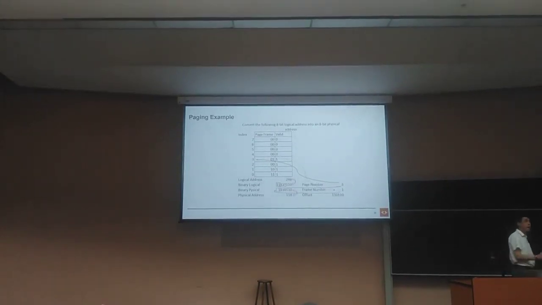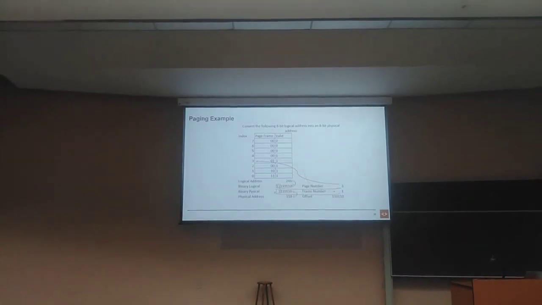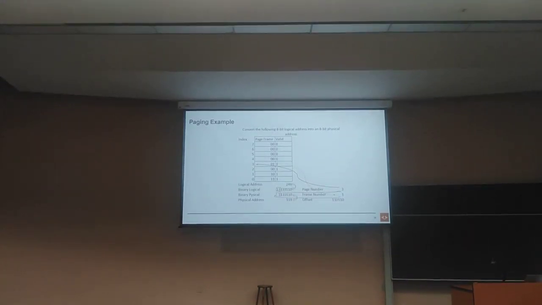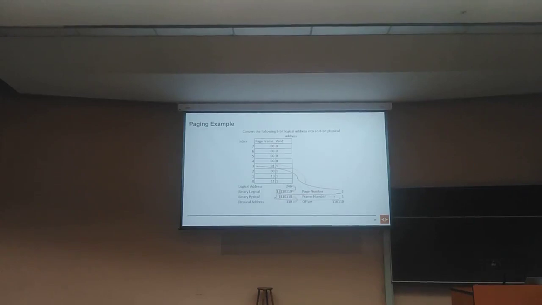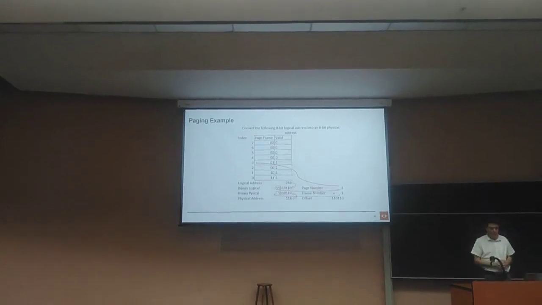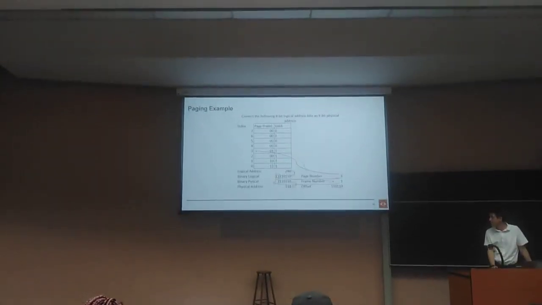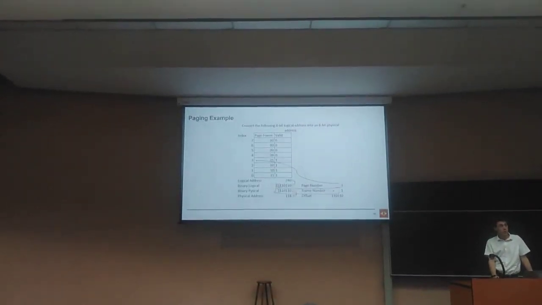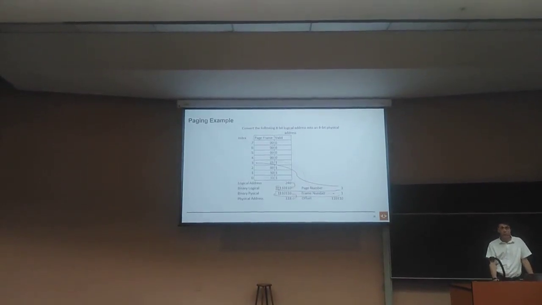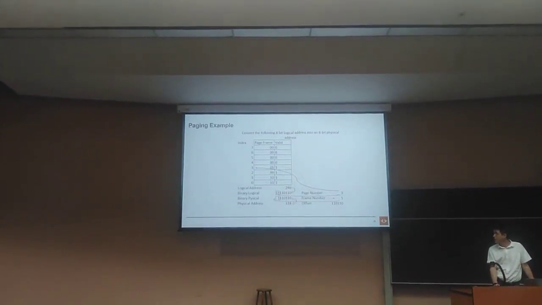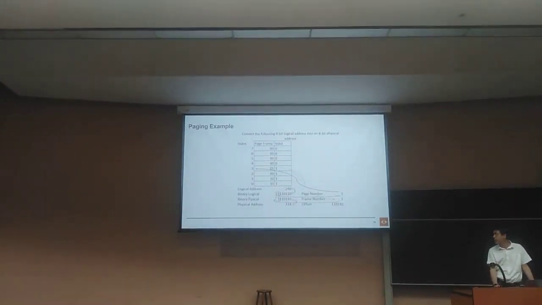Always make sure that you end up with 8 bits. If you don't end up with 8 bits, then you pad the front, the leftmost, with a bunch of zeros so you can get to 8 bits. Once you have 8 bits, you take the 2 most significant bits. In this case, it's 1, 1. You translate that back into decimal, which is 3. You then do the lookup at index number 3, and you find the corresponding page frame.